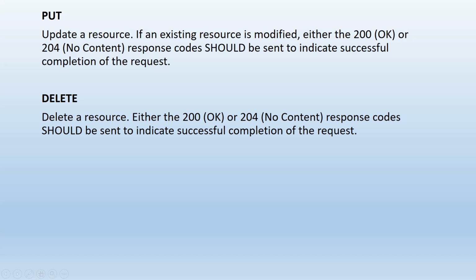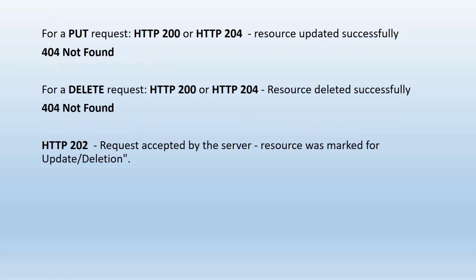We can use the DELETE HTTP method to delete our resources. In that case, we can use the same 200 OK or 204 No Content response code to indicate successful completion of the delete request.